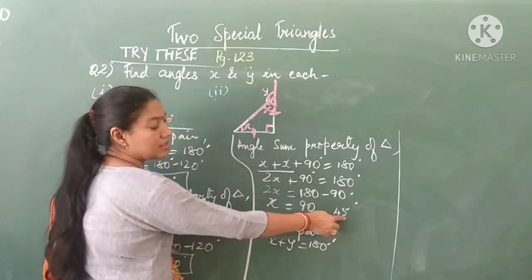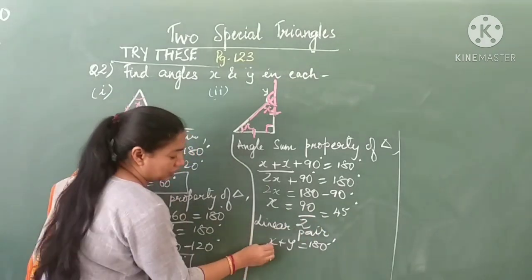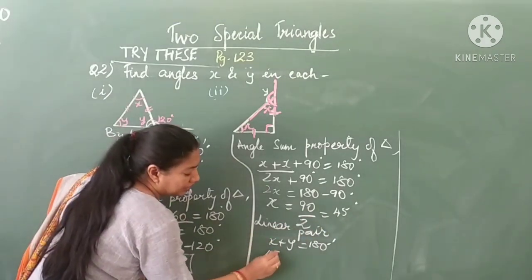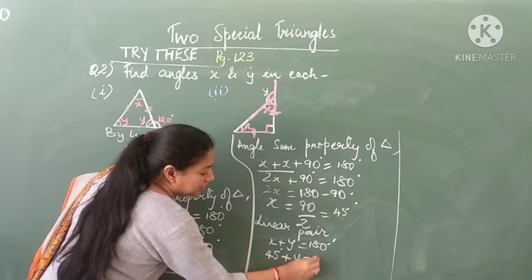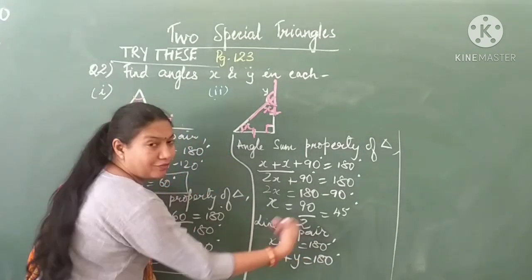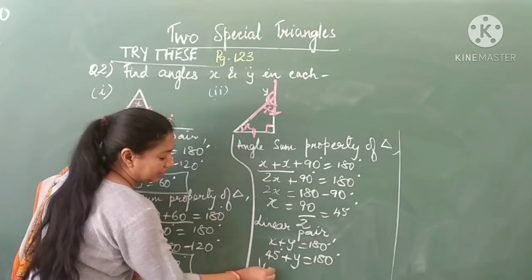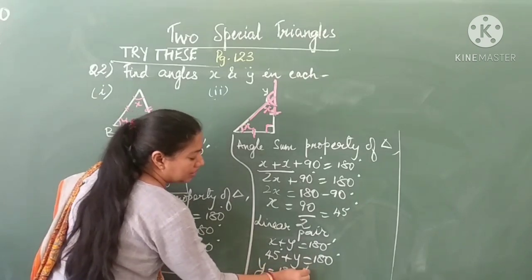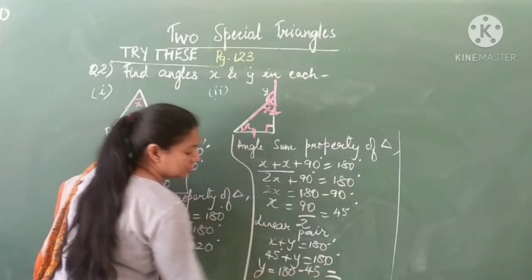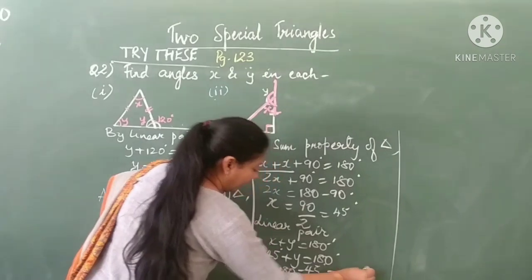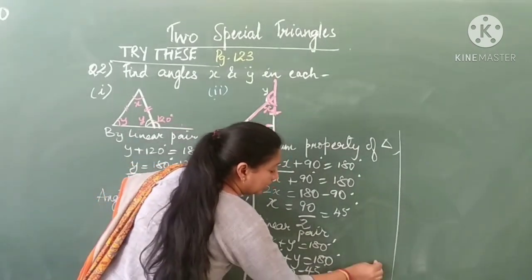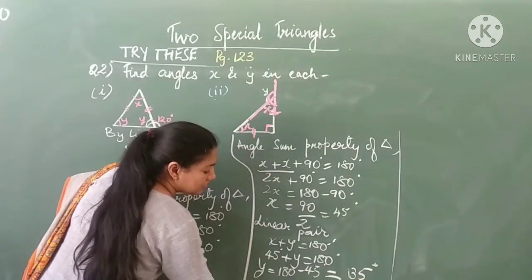But how much is x? X is 45 degrees. So in place of x, I can write 45 degrees plus y, which is equal to 180. Taking 45 on that side, I will get the value of y, 180 minus 45, which is 135 degrees. Hence y is 135.